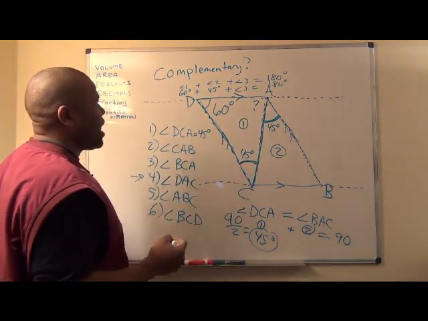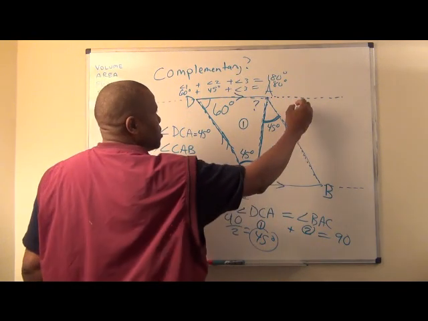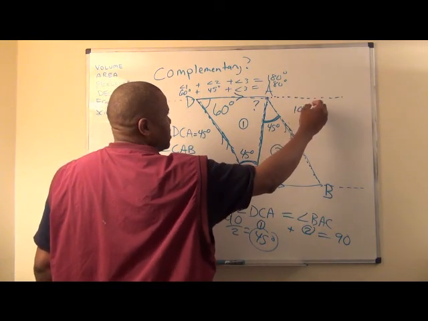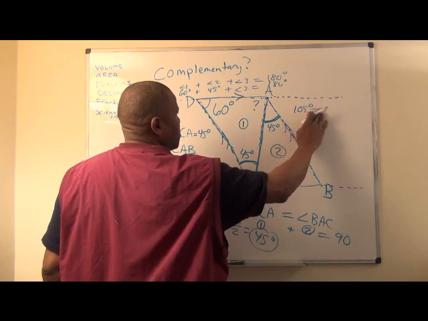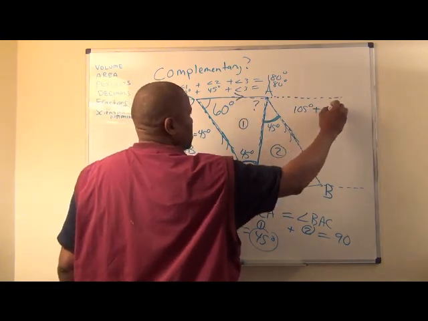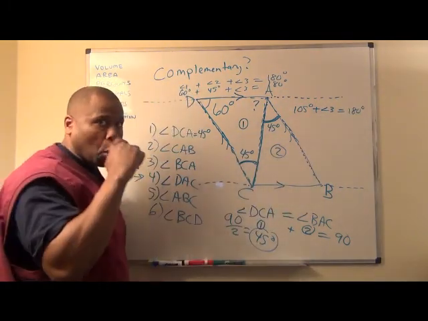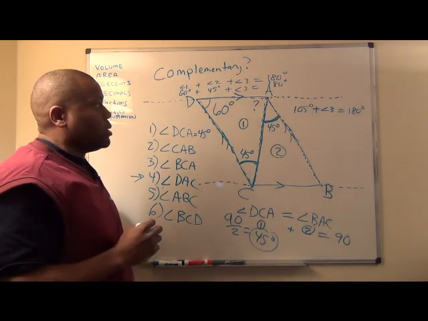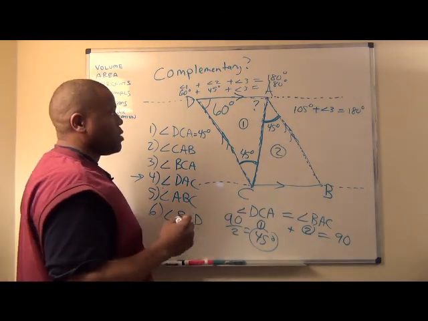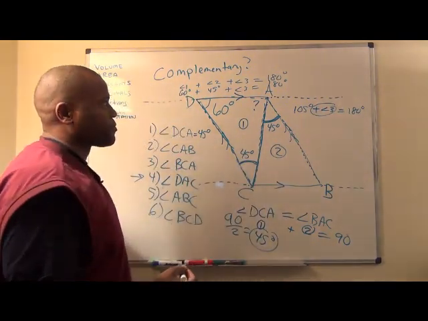60 plus 45 is equal to 105, so 105 degrees plus angle 3 is equal to 180 degrees. We need to solve for the unknown, which is angle 3.